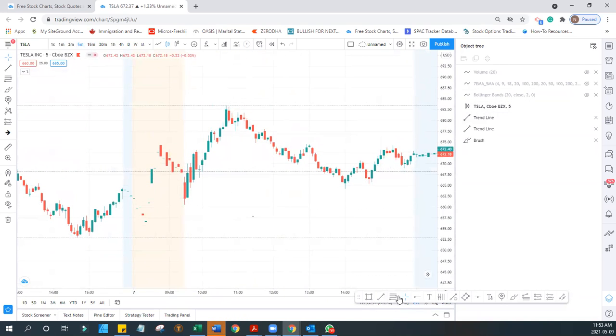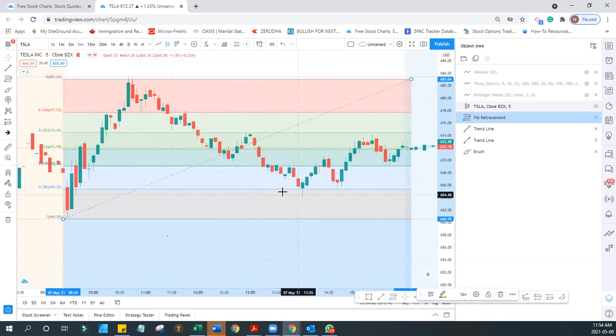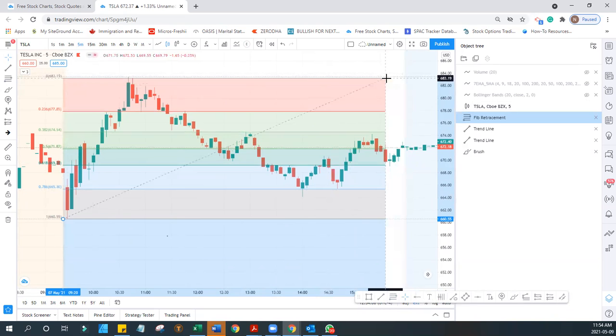So what was the swing low? The swing low is this one. Everybody agrees? And the swing high was here. Now, if you see here, did 0.78 provide you support?